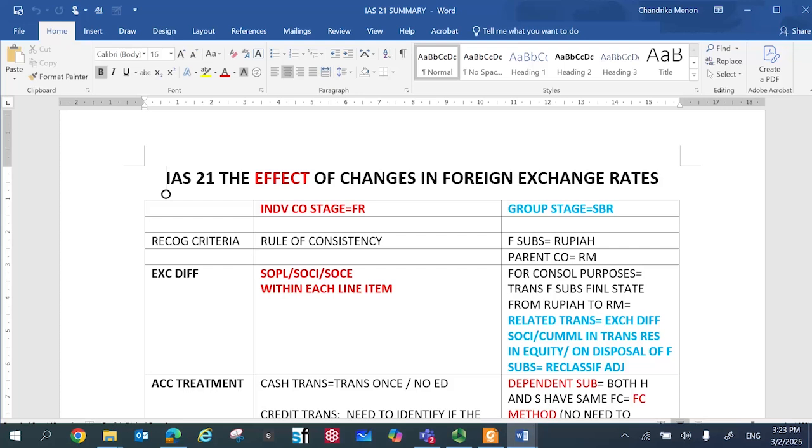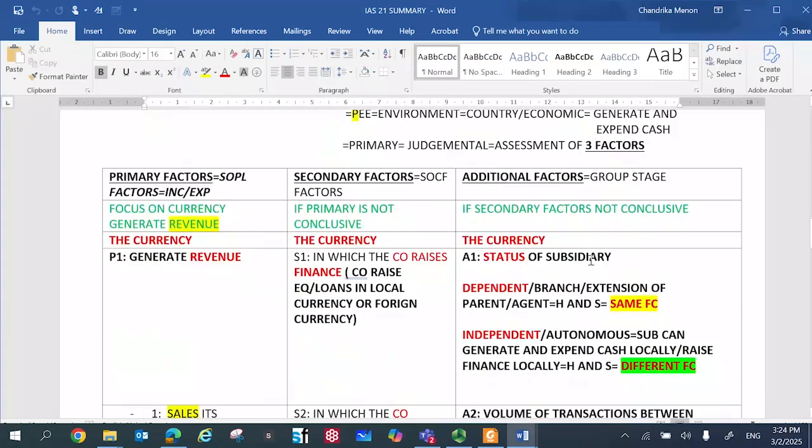But group meaning parent is in one country, has a different functional currency, subsidiary has a different functional currency. So we have to translate the entire financial statements of the subsidiary before we do the consolidation, correct? So the problem starts with this word, functional currency.